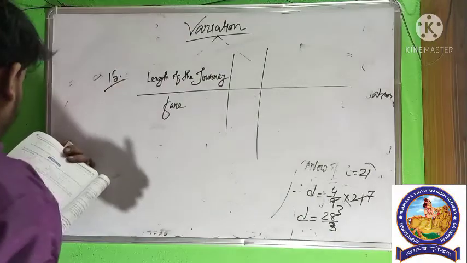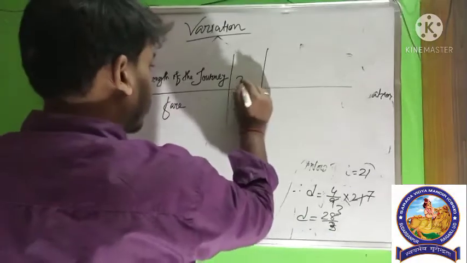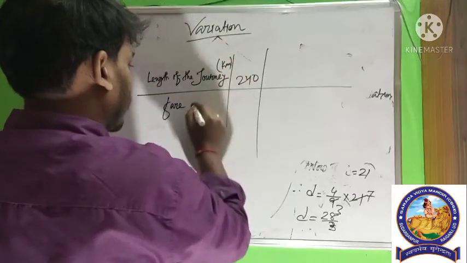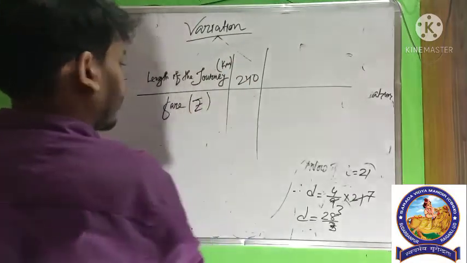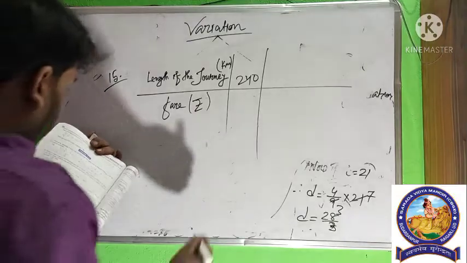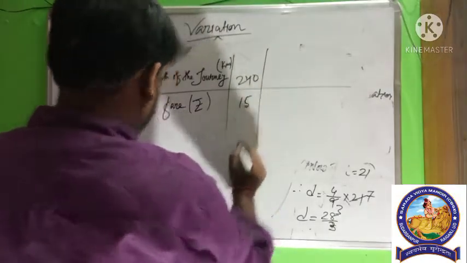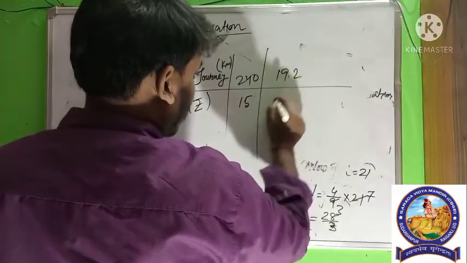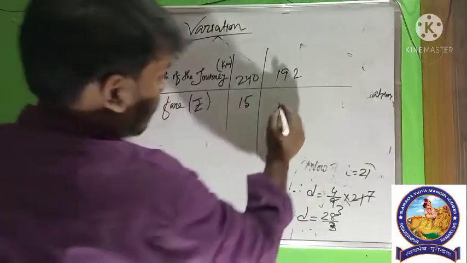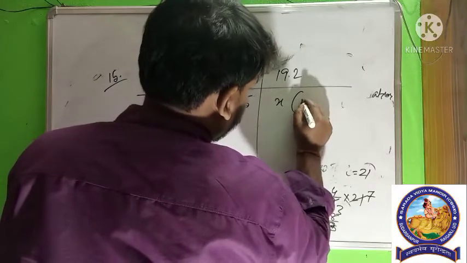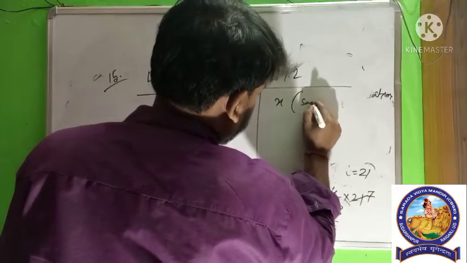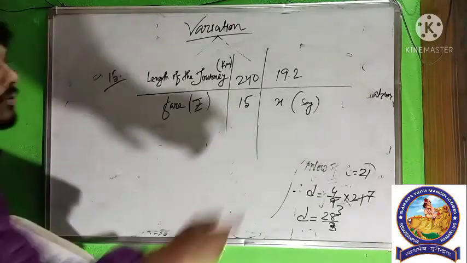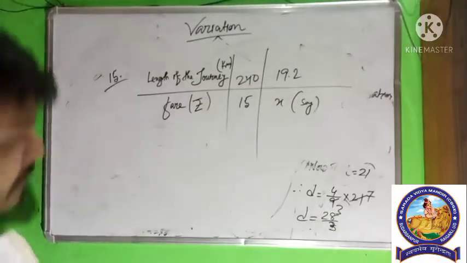When it is a 240 kilometer journey, in kilometers, and cost in rupees, the cost is 15. If the journey is 139.2 kilometers, what is the cost? So let it be x. We have to find the value of x.